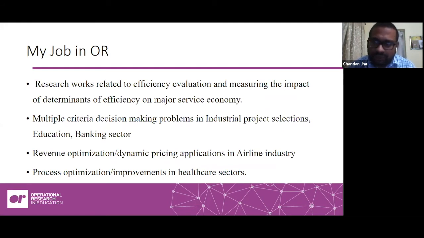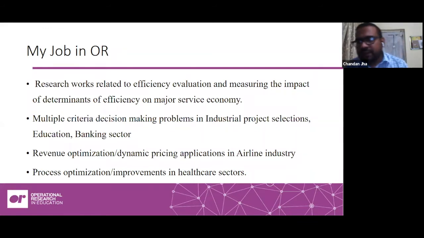Then another kind of research experience is process optimization. Let's take an example of the healthcare sector. Let's consider a healthcare organization where lots of issues are there, for example, the patient queue length is long, and there are constraints related to space and resources.